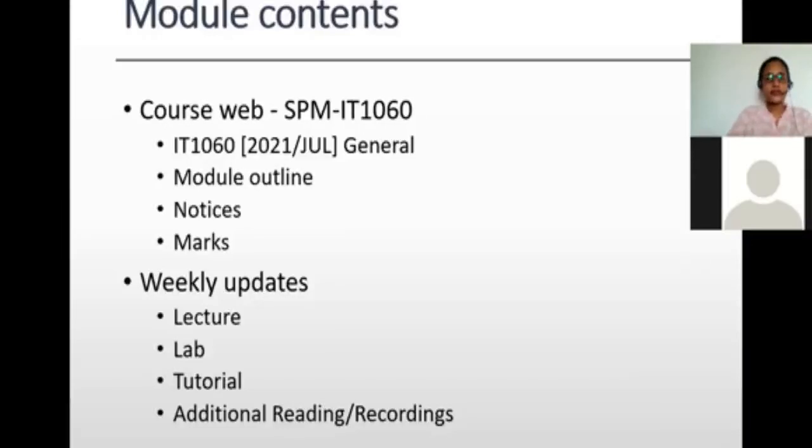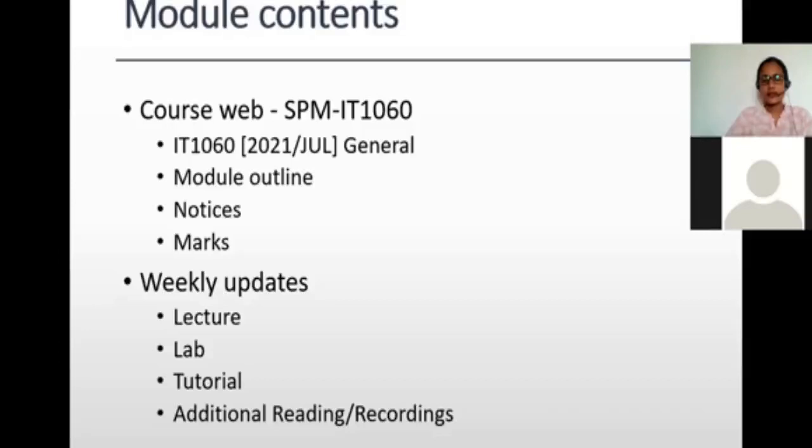Now, what are the things that we are doing? In the SPM, weekly, we are doing a lecture, right? So you can find the lecture materials in the course web. Also for the labs and tutorials. In normal other subjects, you have a separate lab session and a separate tutorial. But here in SPM, for both labs and tutorials, we are allocating 2 hours per week, right?